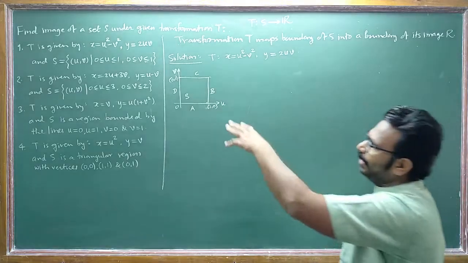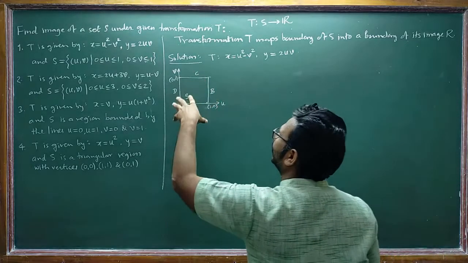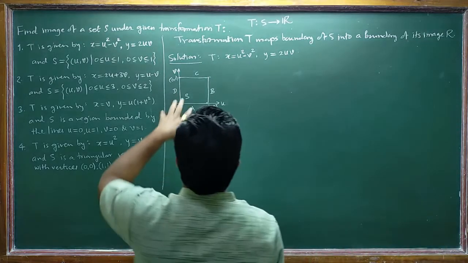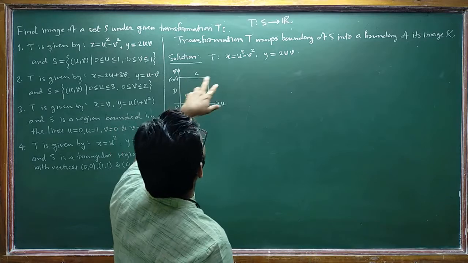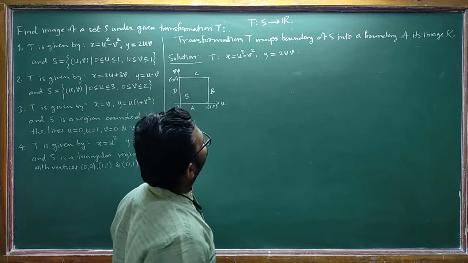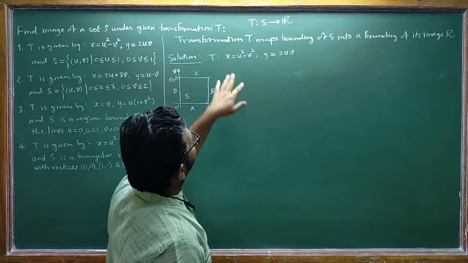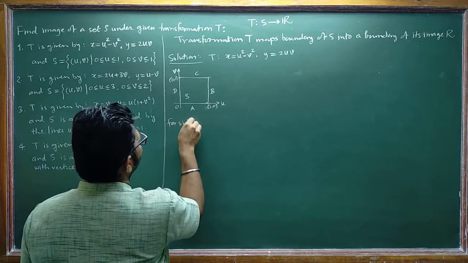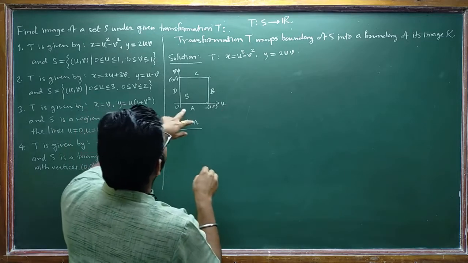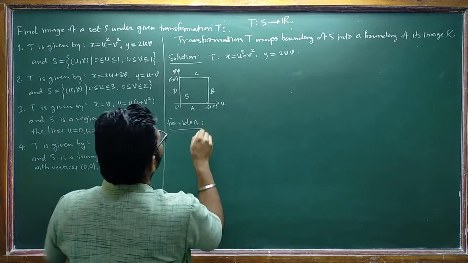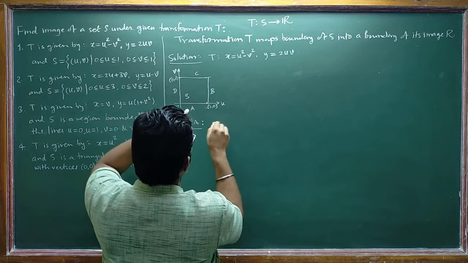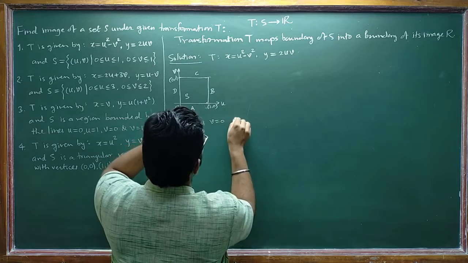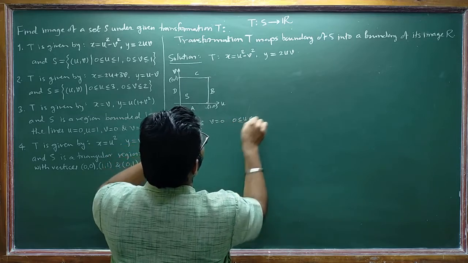This square is in the uv plane, and we see how it gets transformed to the xy plane under the relation between x and y. For side A, v is equal to 0 and u varies from 0 to 1.